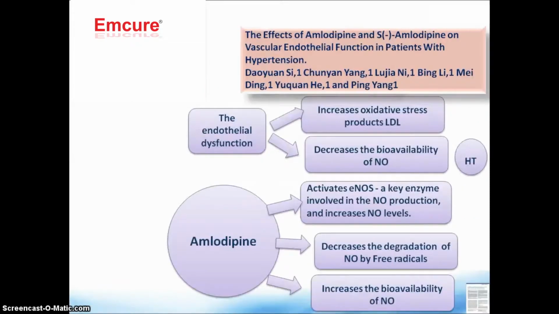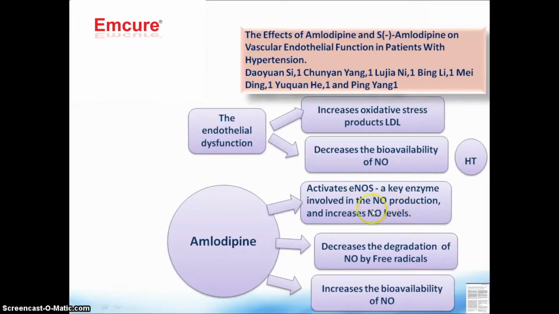So we'll do a recap of this study. Endothelial dysfunction due to increased oxidative stress and the production of LDL decreases the bioavailability of nitric oxide, which leads to hypertension. Amlodipine activates eNOS, which is a key enzyme, nitric oxide synthase, involved in nitric oxide production.